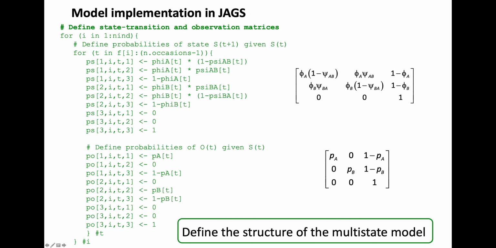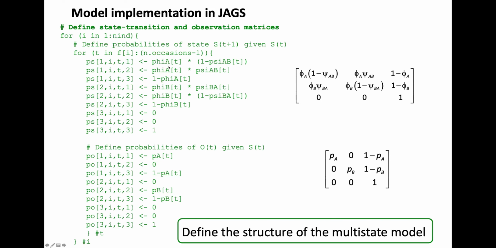And you do the same thing for the observation matrix. So you remember you have this matrix here, this observation matrix, the big theta, and you build it by hand in Jags, and you define PO with 4 dimensions, the state in the first dimension, the observation at the same occasion in the fourth dimension, and then you have the second and third dimensions, which are the individual and time dimension, and then you write down this, you build this matrix by hand, and you say, okay, you have PA, PB, and you just write down that.